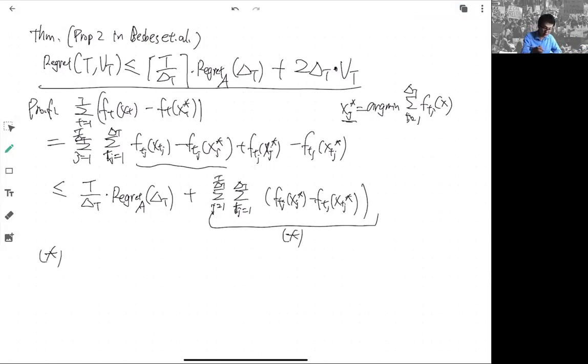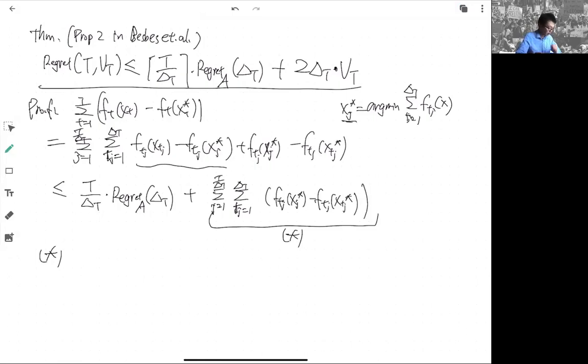So the idea is that I wanted to somehow show that within each batch, if the function changes only a little bit, then the pointwise optimal solution isn't really that much better compared to the fixed comparator in hindsight.